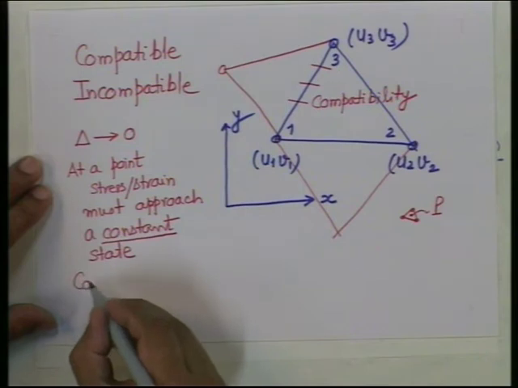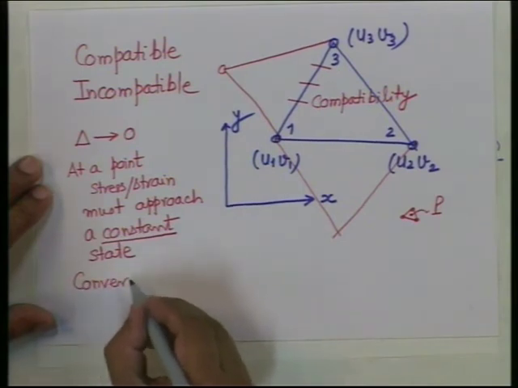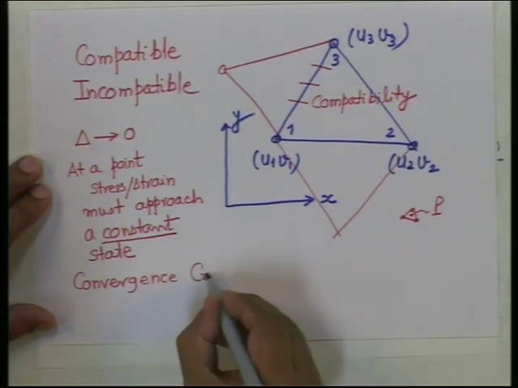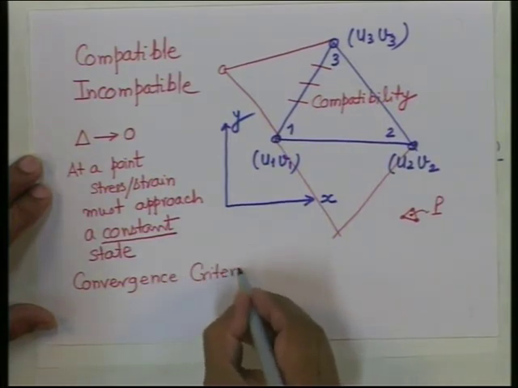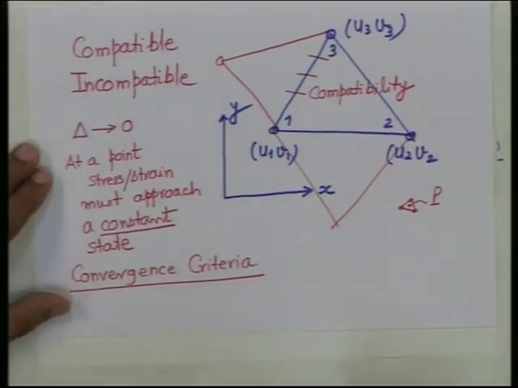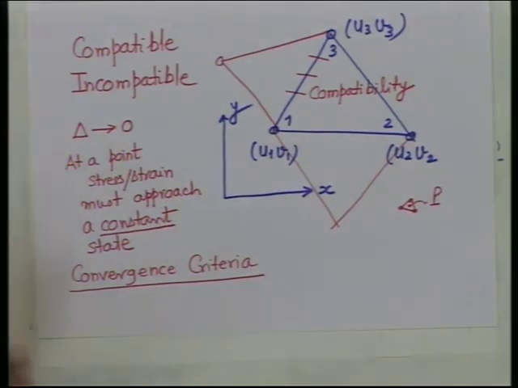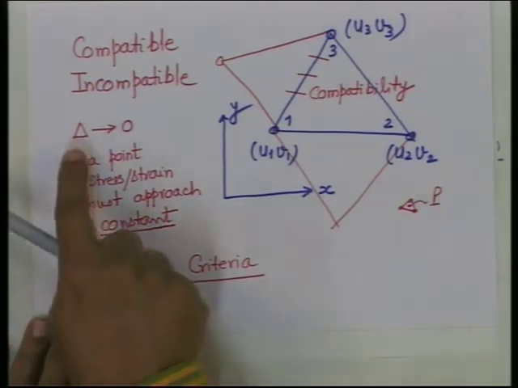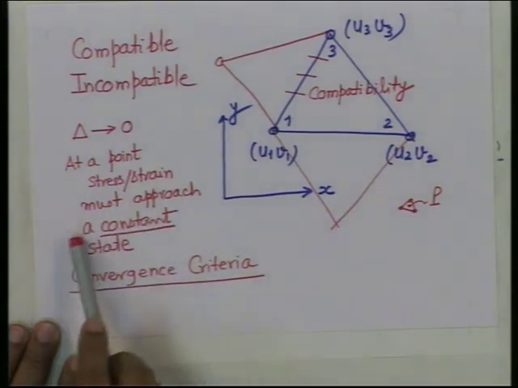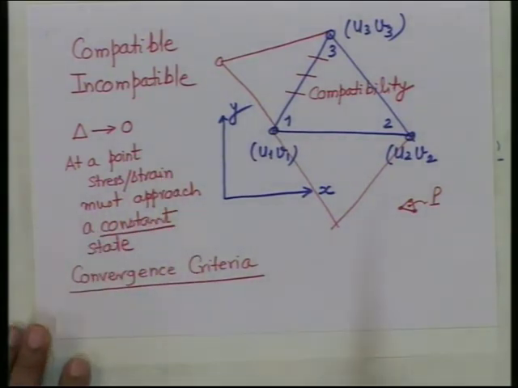So, this is one of the convergence criteria, that in the limit, if you develop an element, as delta A tends to 0, the state of stress and state of strain must approach a constant state. This is satisfied.